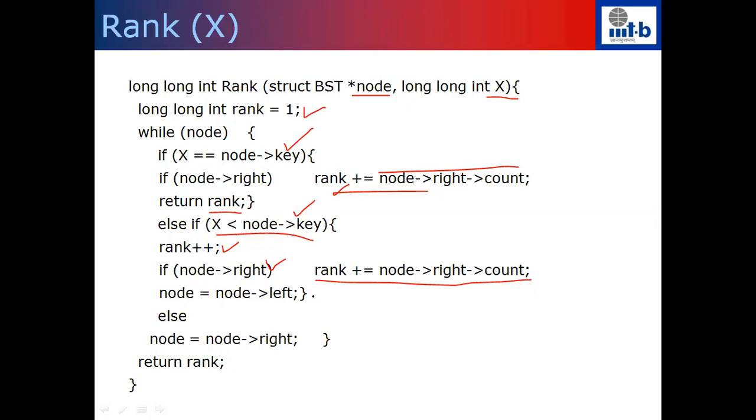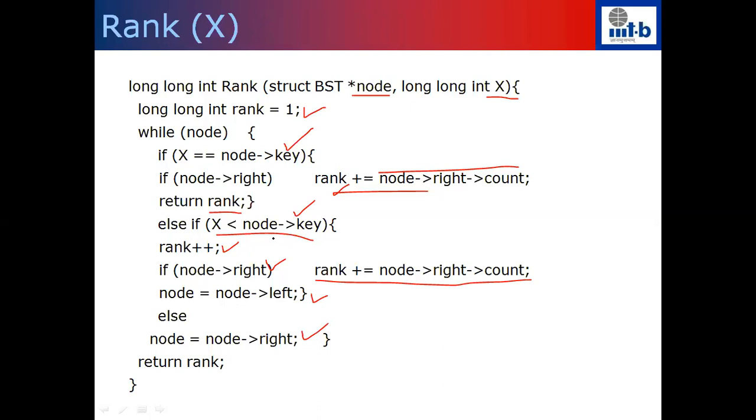On the other hand, if the node value is smaller than x, that means the number that I'm searching for is greater than the node value, so I go to the right-hand side. When I go to the right-hand side, I'm ignoring all the numbers which are smaller than x, which don't contribute to the rank, so I don't update my rank.